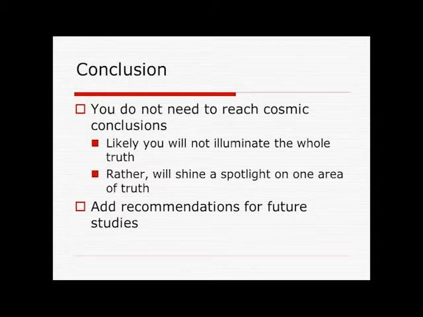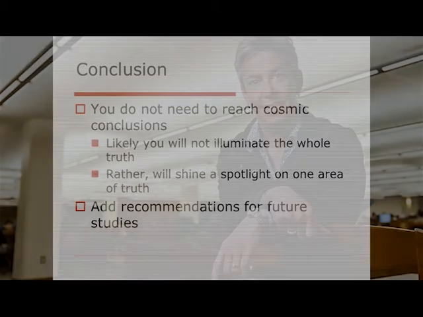So our conclusion, typically we're not going to reach some cosmic conclusion, right? It's unlikely that we're going to illuminate the whole truth of some research question, right? But maybe instead we're just going to shine a spotlight on one area, and then other researchers are going to shine spotlights on other areas, and together as a research community, then we'll illuminate the whole truth about this research topic. And then again, we also want to make those recommendations for future research.